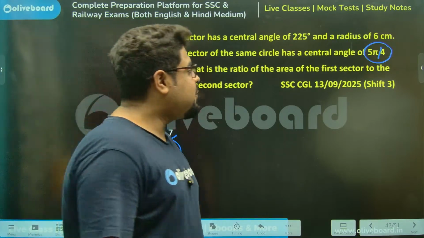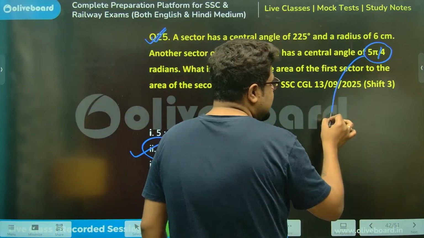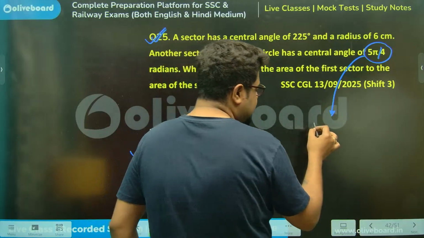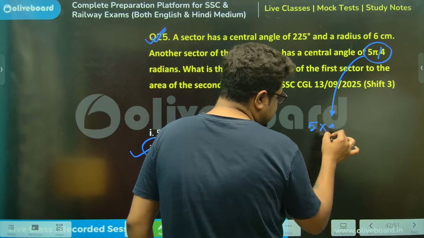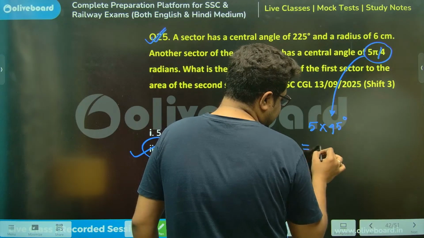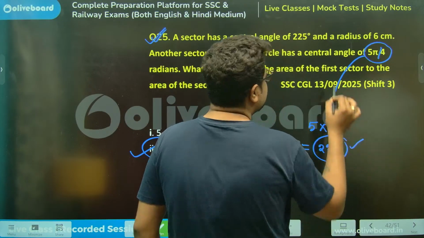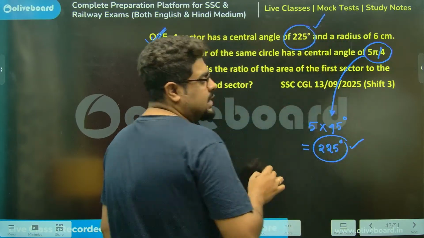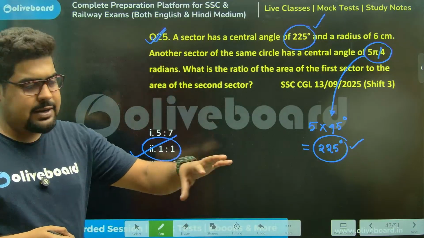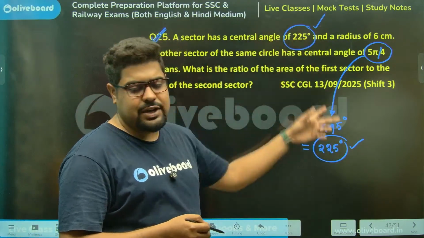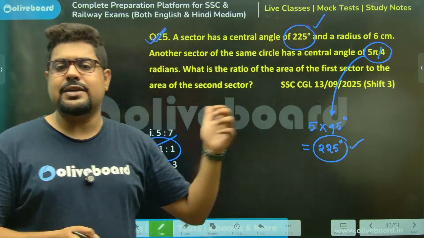Why? Sir, 5 pi by 4, I can see pi by 4 is 45. So this will be 5 times 45. So 5 times 45 is 225 degree. So this is 225. This is also 225. And we just learned area ratio is nothing but angle ratio. If angles are equal, area is also equal.